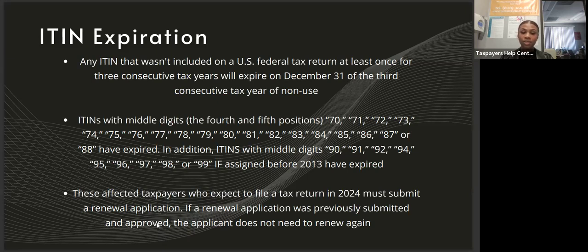In addition, ITINs with the middle digits 90 to 99, if assigned before 2013, have also expired. These affected taxpayers who expect to file a tax return in 2024 must submit a renewal application. If a renewal application was previously submitted and approved, the applicant does not need to renew again.